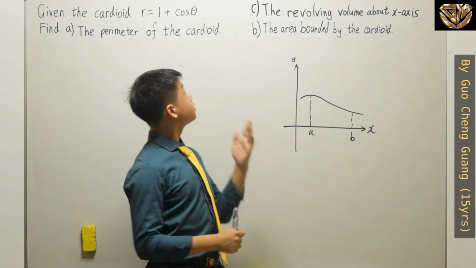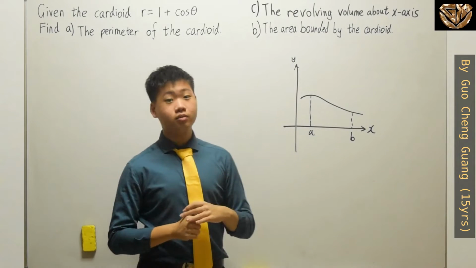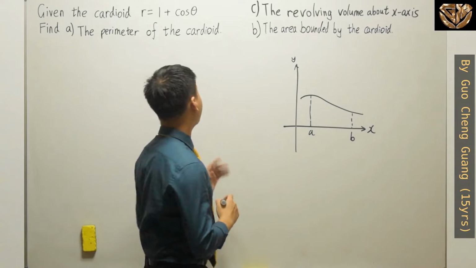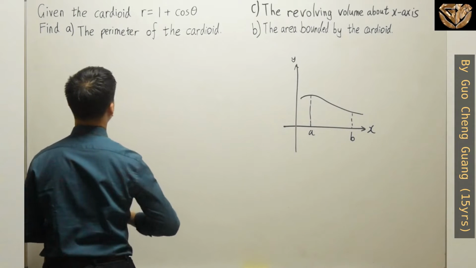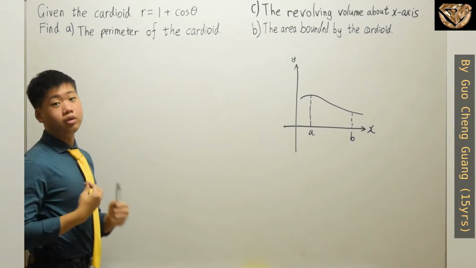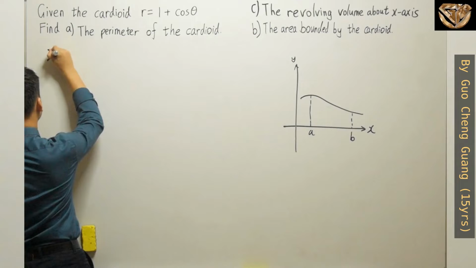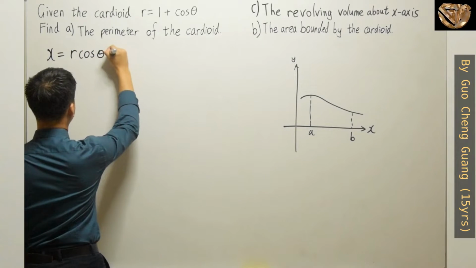But now for this cardioid, how are we going to find it? For this cardioid, let's first try to find its parametric equations, since this is in polar coordinates. So how do we find its parametric equations? Now x is equal to r cosine theta.